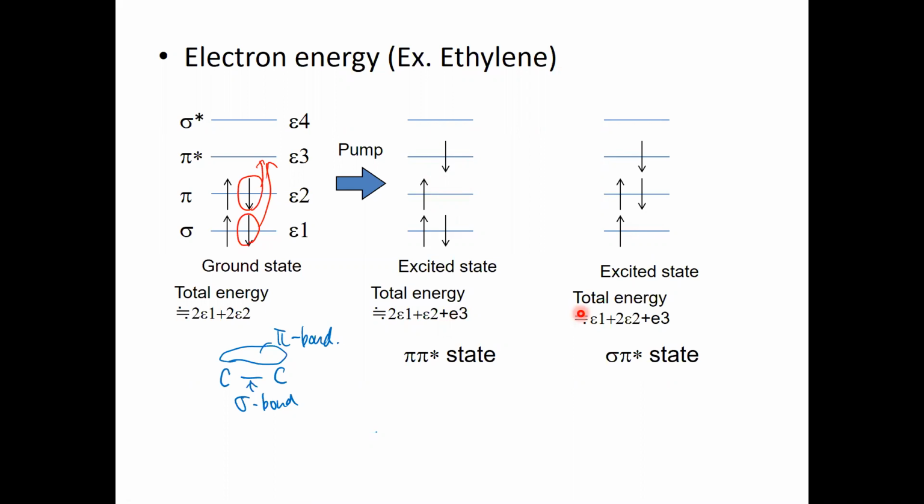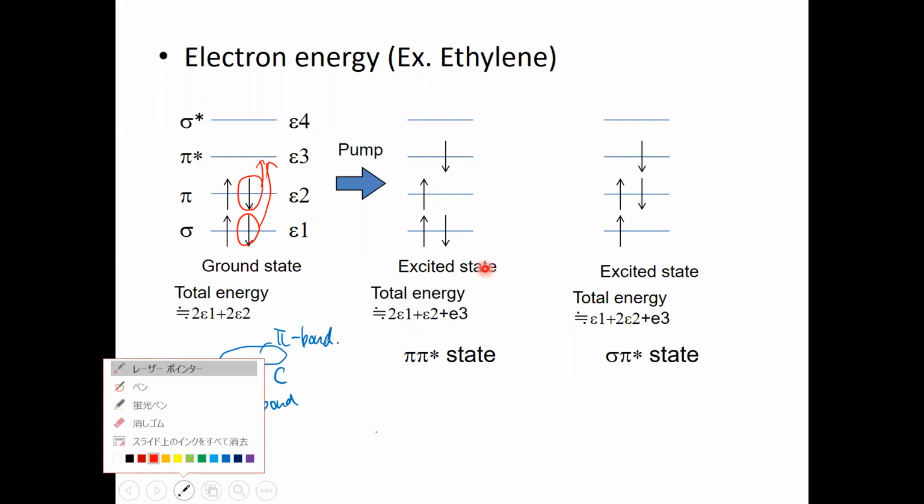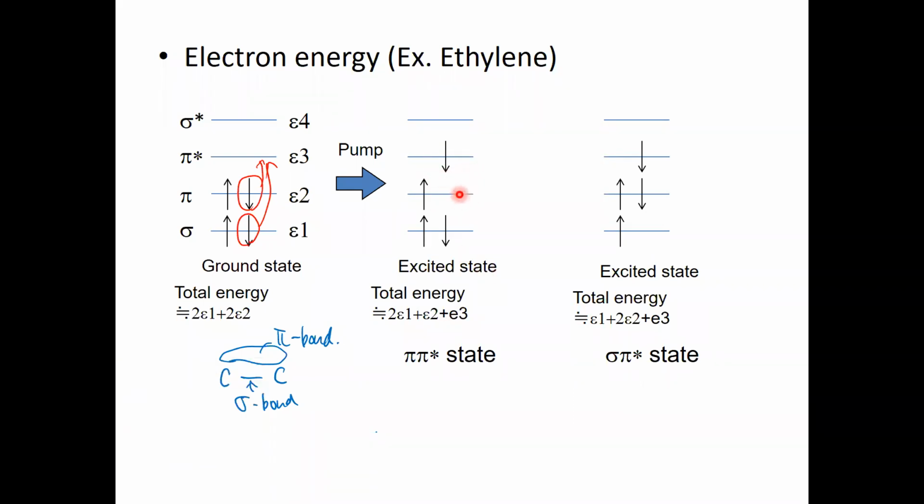In this case, the electrons are coming from the pi state to the pi star state. So this one is called the pi pi star state. On the other hand, if the electron is excited from this one to this one, it's called a sigma pi star state. And they have different energy.